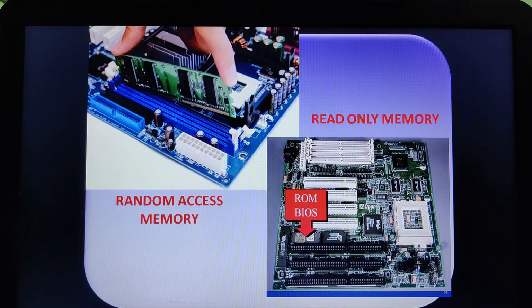Secondary storage devices include your hard disk, floppy disk, or flash drives like your pen drives, then the optical disk, your CD, that is compact disk. All these are the devices that come under secondary memory storage devices.